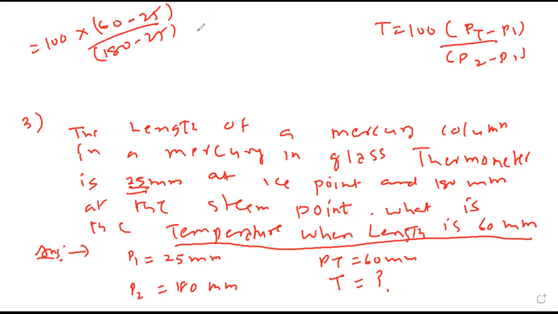So this will be equal to 100 into 35 upon 180 minus 25, which will become 155, no?